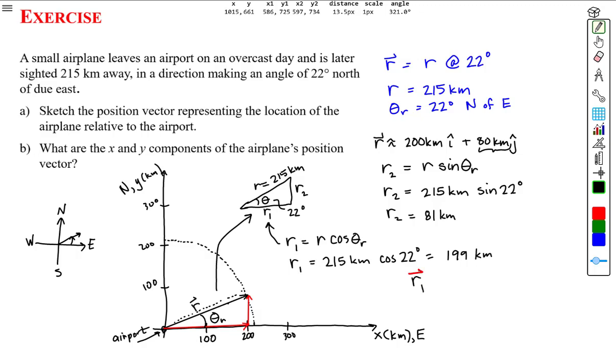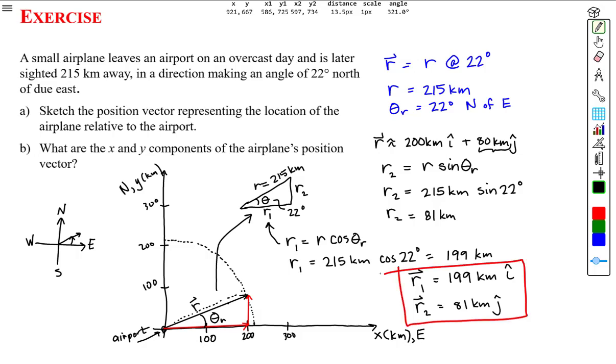I am going to write R1 is equal to 199 kilometers i hat. Remember, i hat corresponds to the x-axis. And R2 is equal to 81 kilometers j hat. So those are the x and y components of our position vector R.